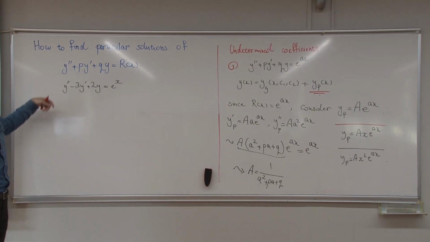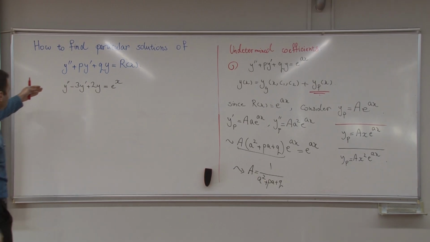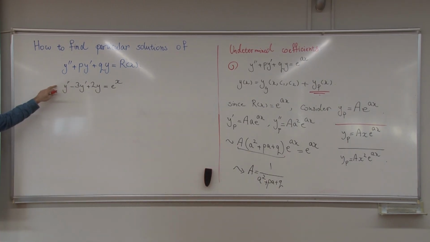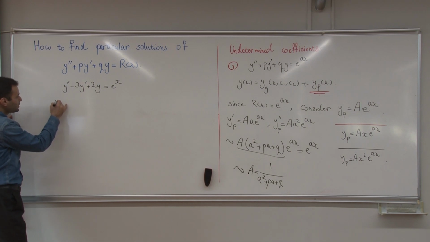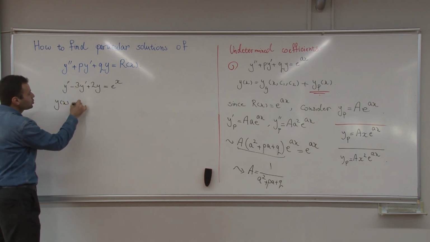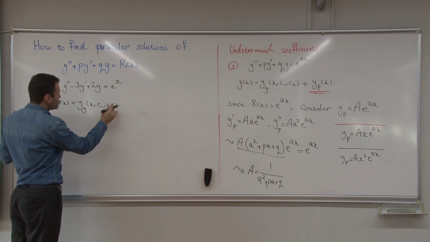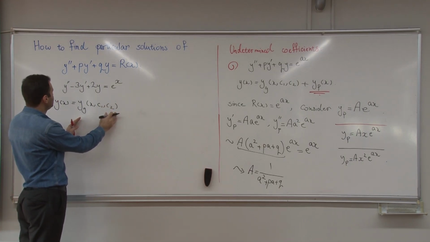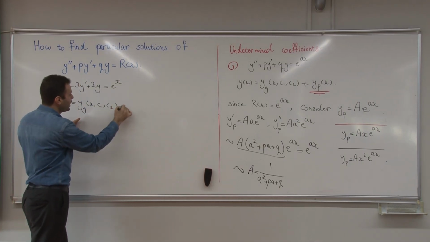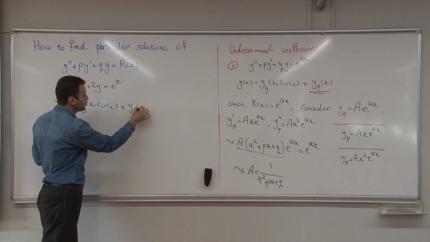This equation, we want to try to find all of the solutions of this equation. What kind of solutions is this going to have? The solutions of this equation is going to come as solutions of the reduced homogeneous equation, which means when this is equal to 0, plus a particular solution.